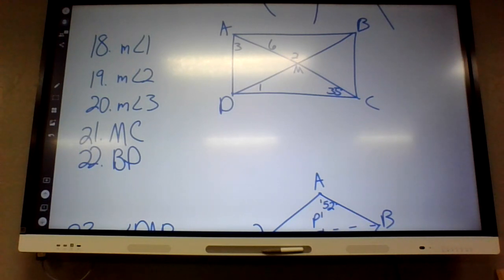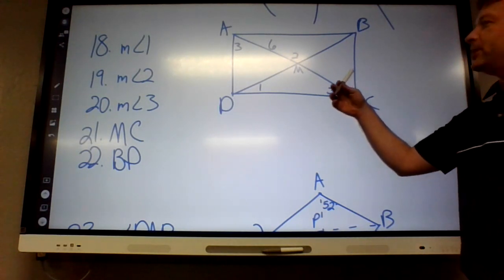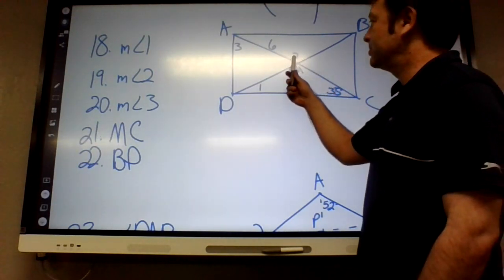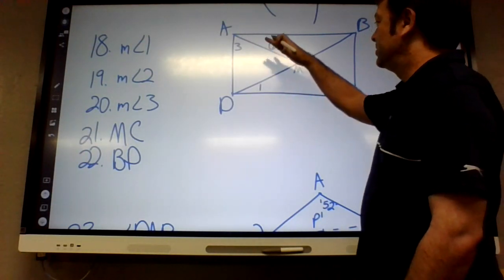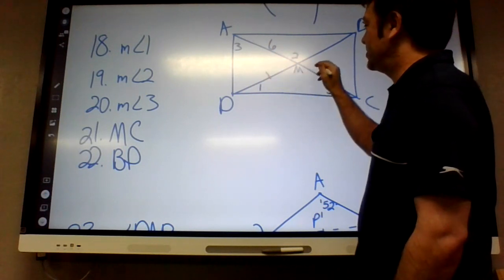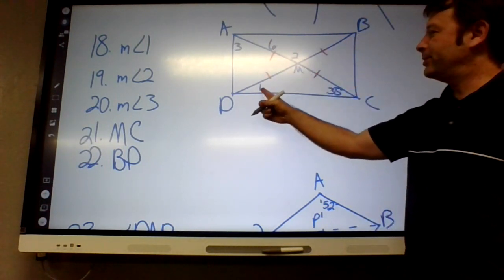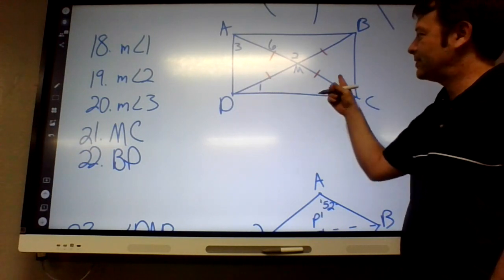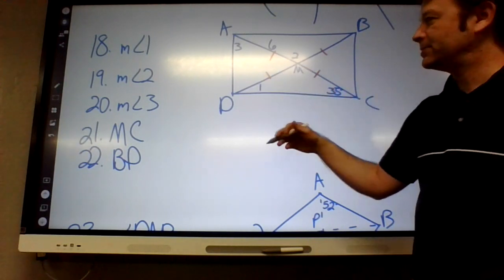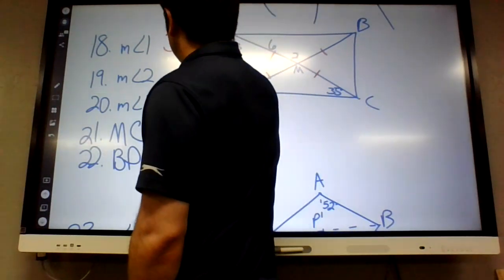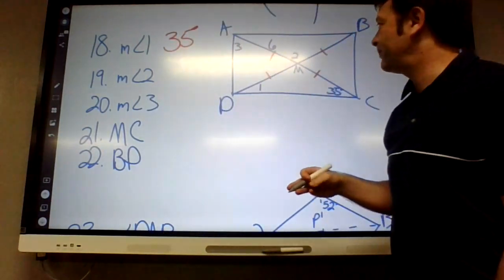All right. So what do we know about diagonals in a rectangle? They're the same and they bisect each other. That means all these things are the same. Okay, so angle 1 must be 35 because it's an isosceles triangle. Base angles are the same. Angle 2, how can we find angle 2?